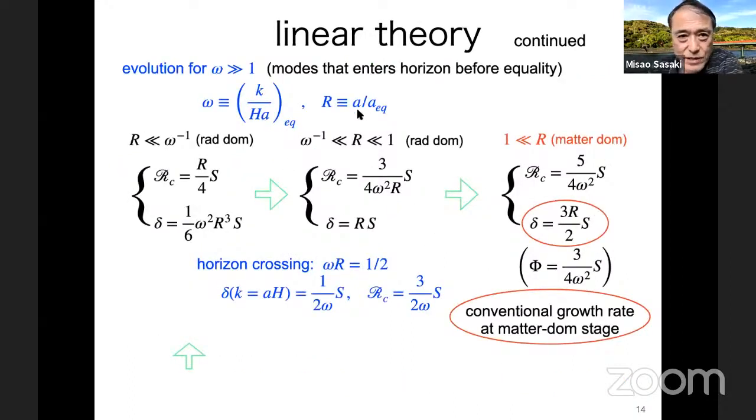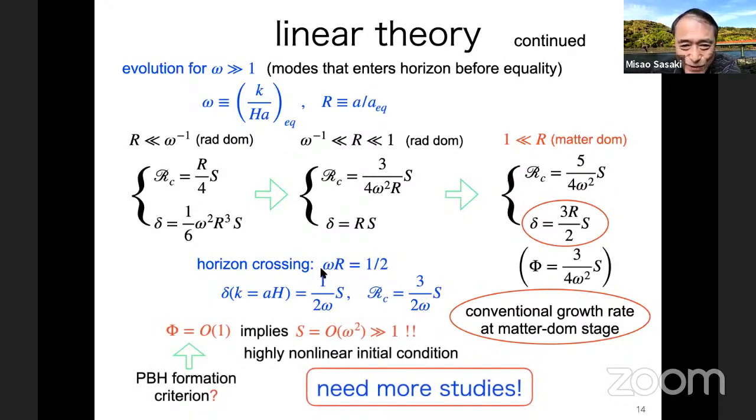The interesting thing occurs for those modes which enter the horizon before equality, because then it's on a very small scale, but because they are isocurvature, they do not decay, so they just stay there. When it enters the radiation dominant stage, it slowly grows, and it continues to grow in the matter dominant stage.